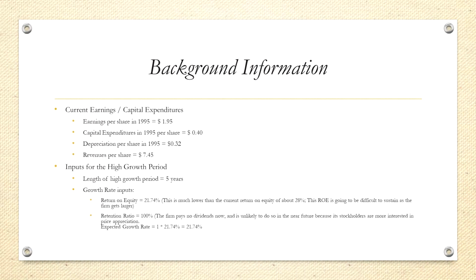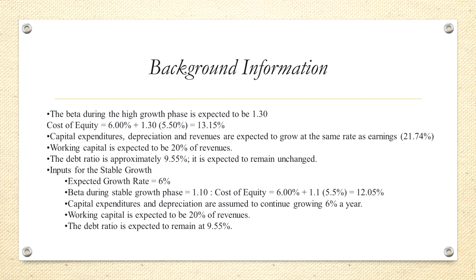The expected growth would be 21.74% for the high growth time period, but this number cannot last forever. For the constant growth time period, the expected growth rate will decline to 6%.